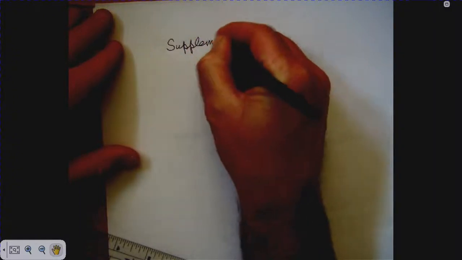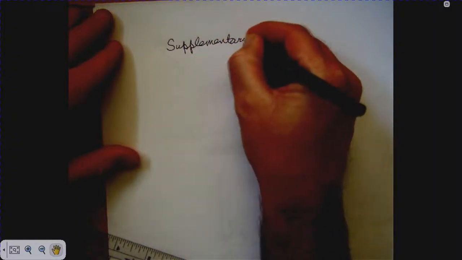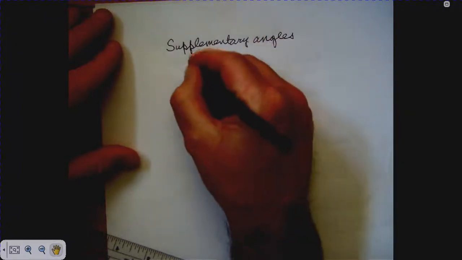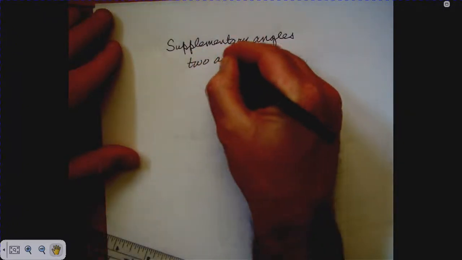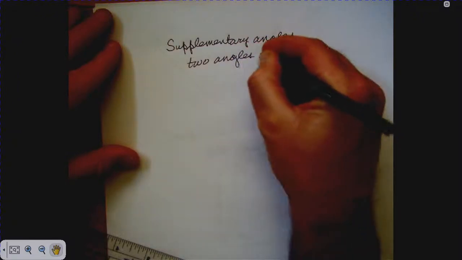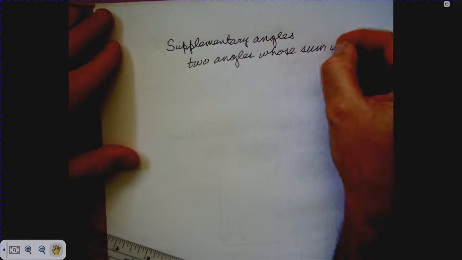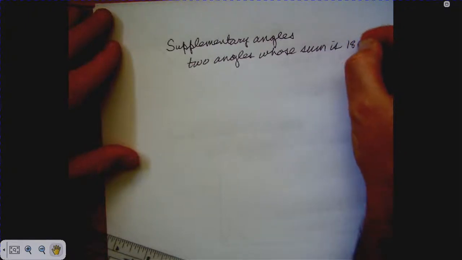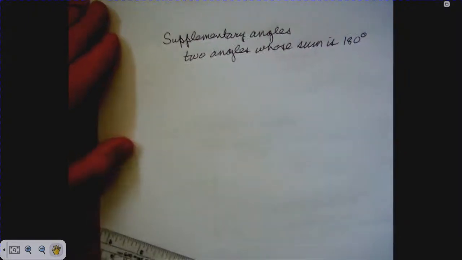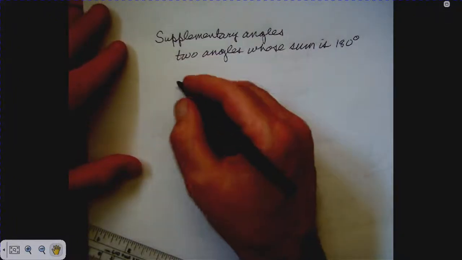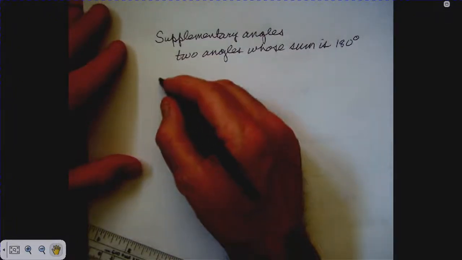So supplementary angles are two angles whose sum is 180 degrees. And they don't need to be together, they don't need to be adjacent.